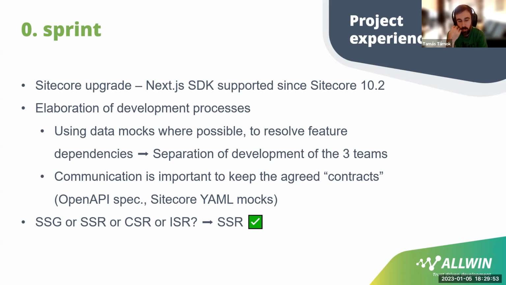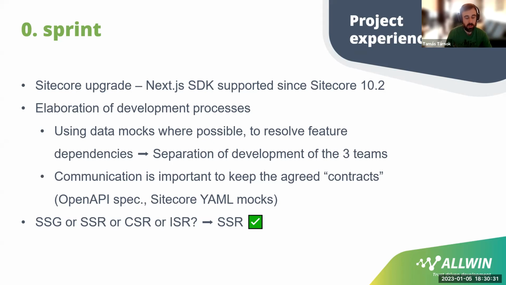For that, we needed some custom implementation, but with Next.js, it's pretty easy to mock APIs or create APIs and just put in a static JSON. And for that, we had to agree, of course, on the response schema and the parameters which the API would accept. And for that, we used the Open API specification and also Sitecore YAML mocks.